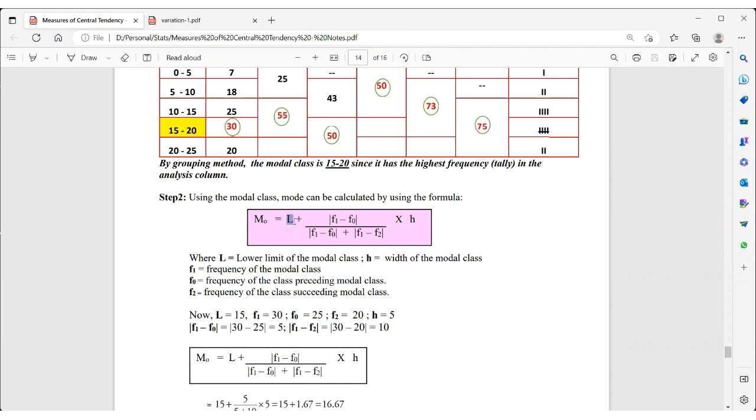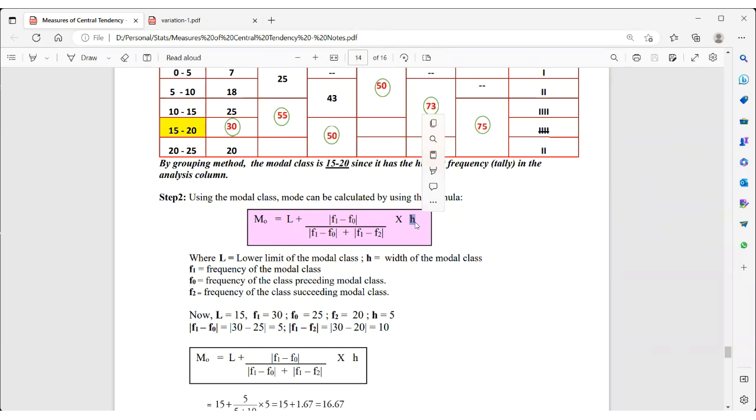L is lower limit of model class. H is class size of model class.